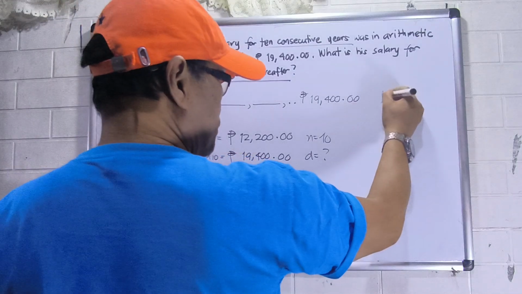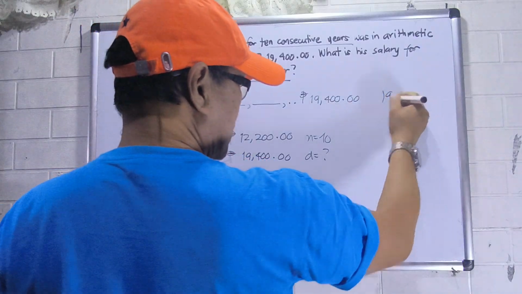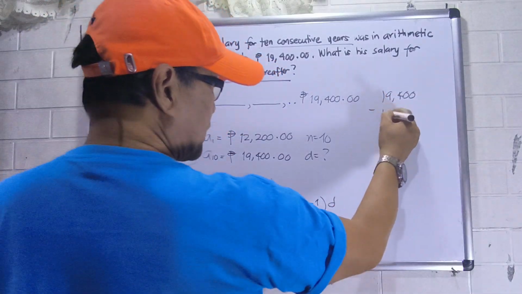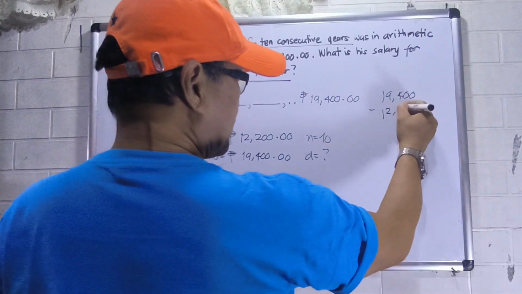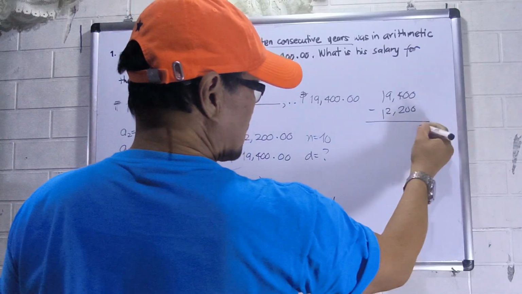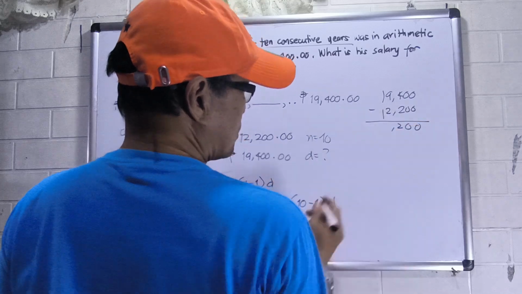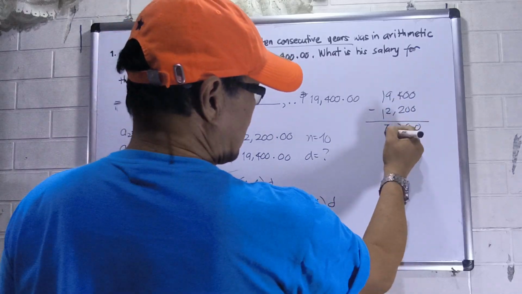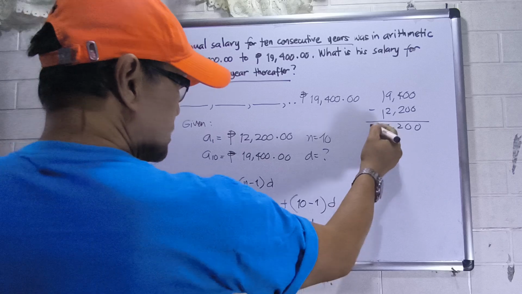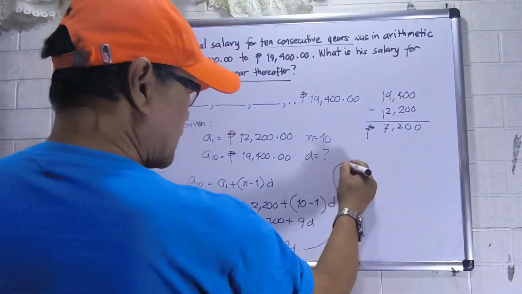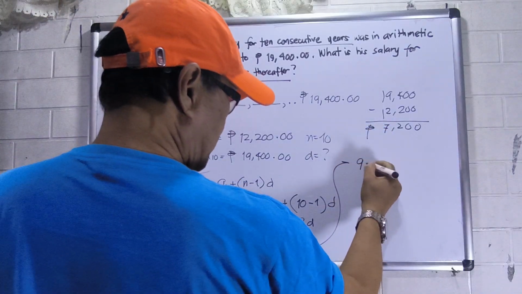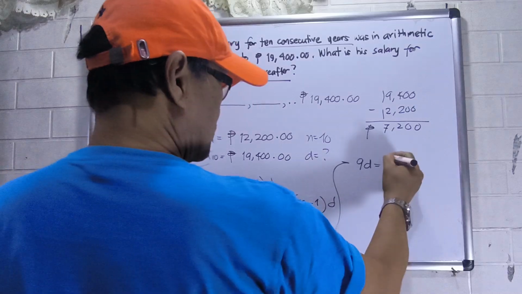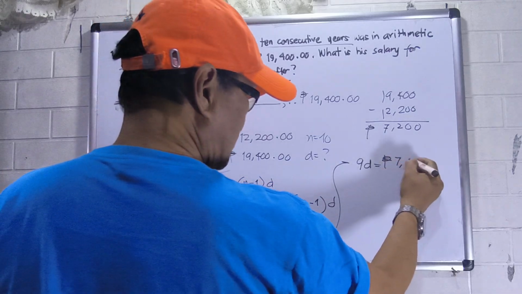So 19,400 less 12,200 is 7,200. So 9D is equal to 7,200.